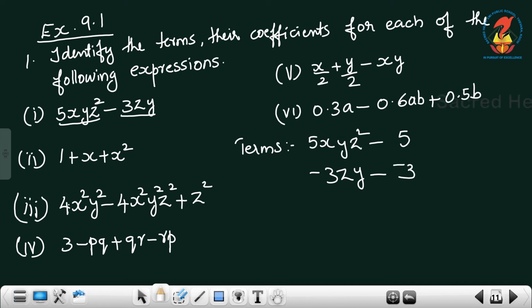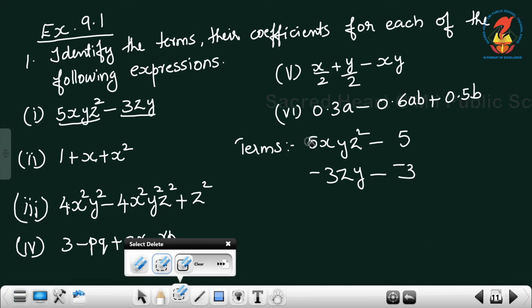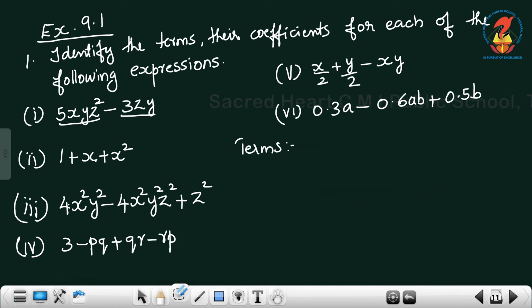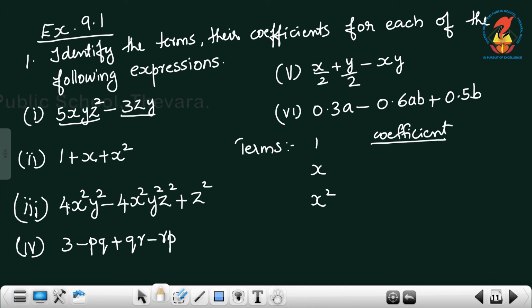Okay, next one, 1 plus x square. Terms: 1 and x square. 1 is a constant term.